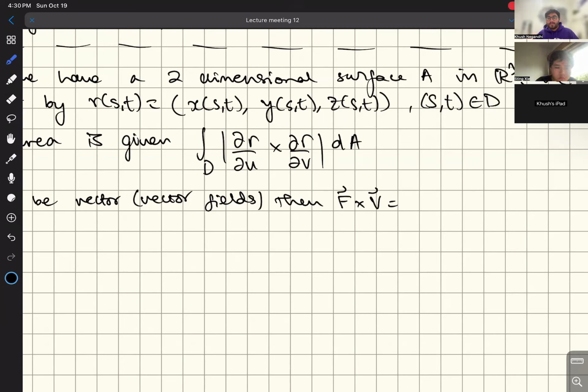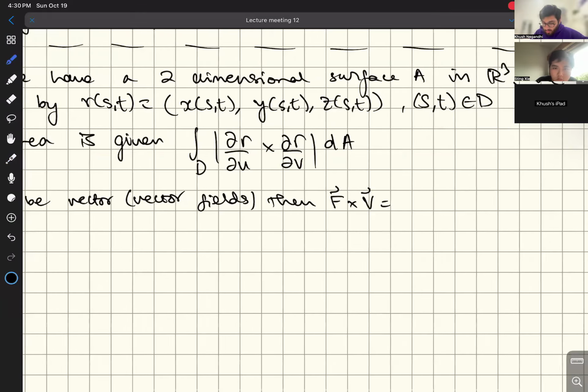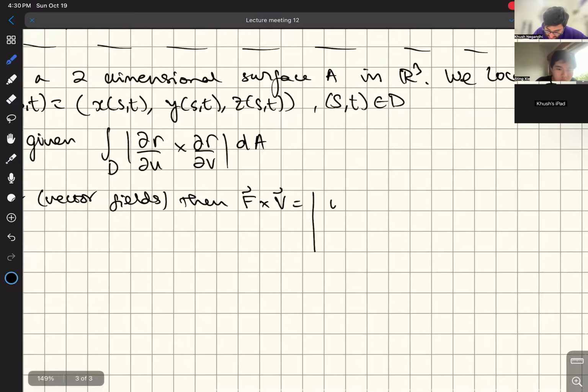The definition in coordinates, though, is you can write it as the formal determinant of a matrix like this.